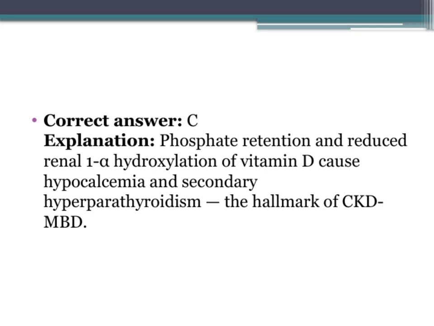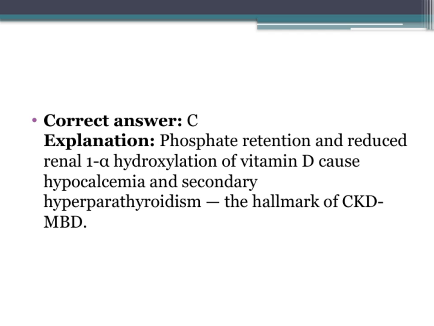Now, another critical point is that the kidneys are responsible for converting vitamin D into its active form, 1-alpha-hydroxylated vitamin D. In CKD, this process is reduced, meaning less active vitamin D is available. Since active vitamin D helps the gut absorb calcium, its reduction further worsens hypocalcemia.